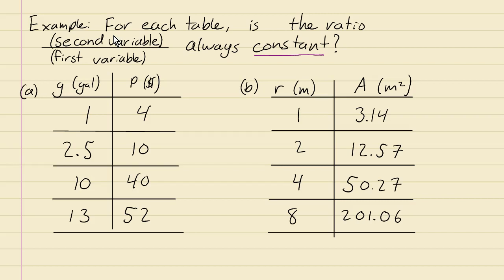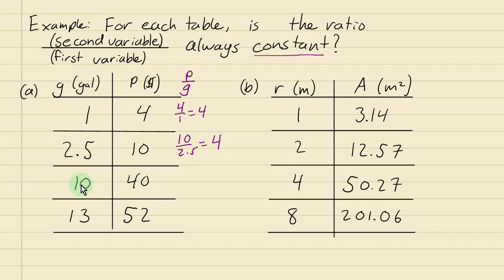So first, 4 divided by 1, if we're doing this ratio here that we're talking about, the P over G, and the result is 4. And likewise, if you do $10 divided by 2.5 gallons, you can check with your calculator, or maybe you can do that one in your head. Either way, the answer is 4.